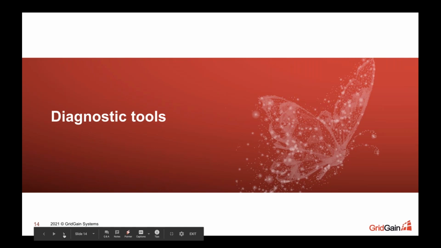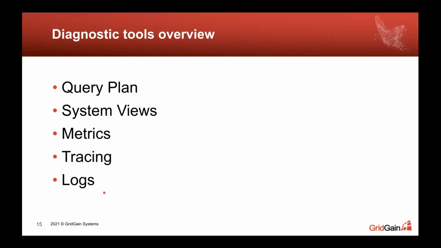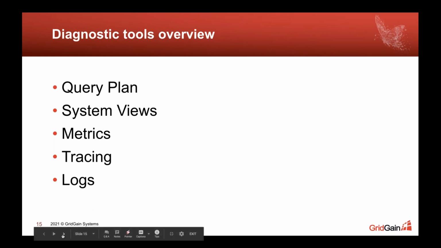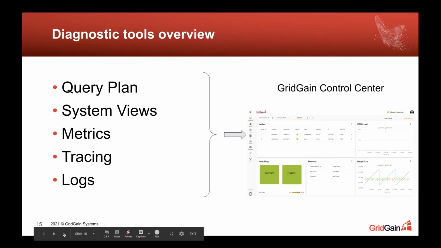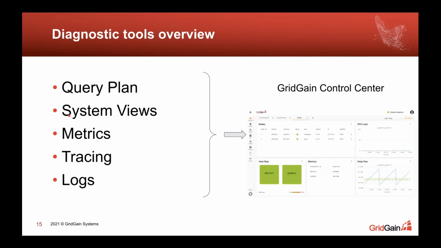Let's talk a little bit about diagnostic tools. What do we have here? Basically, the query plan is a very powerful tool. It's used to understand how the planner and the optimizer worked. System views are also good for troubleshooting because they store some information about static data and about query state.